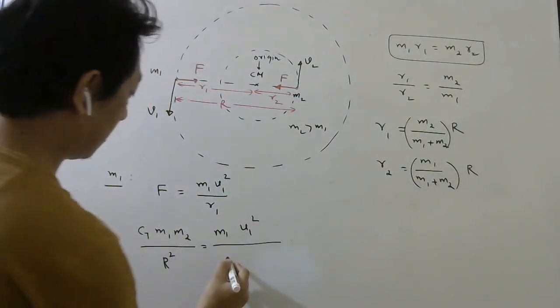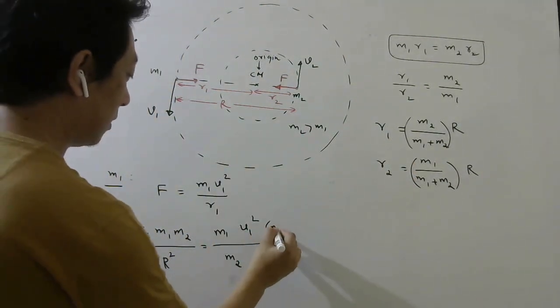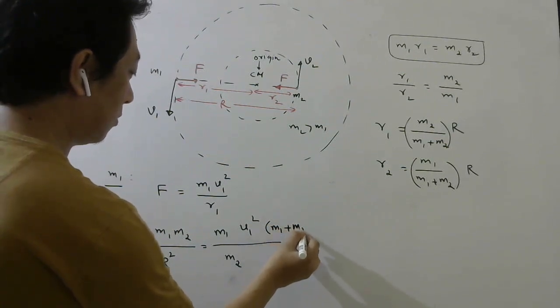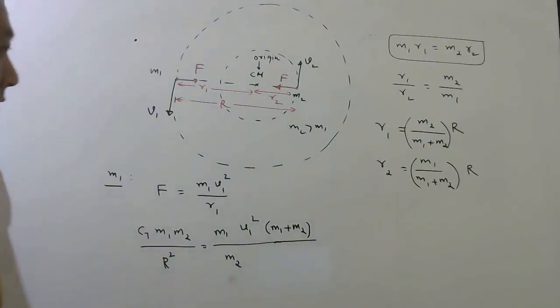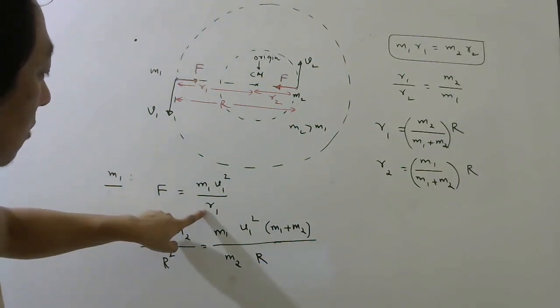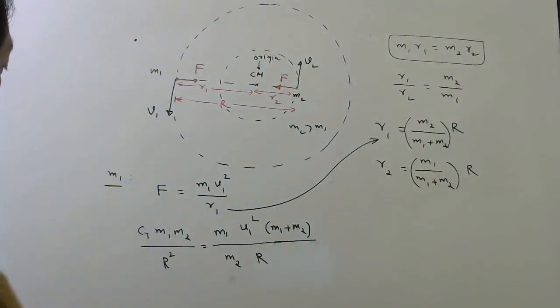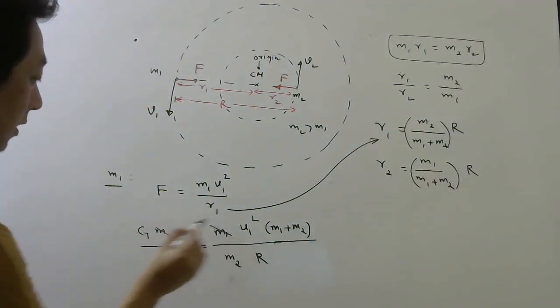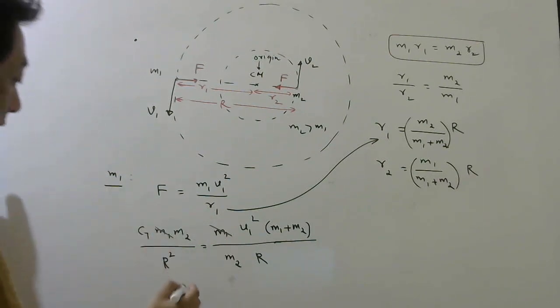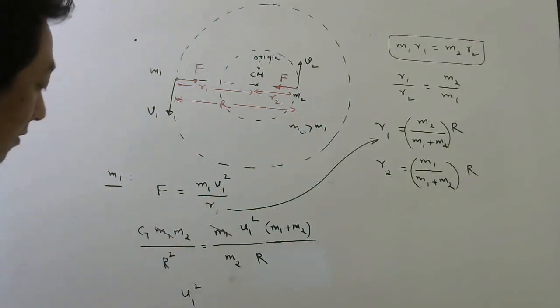R1 we have found here: m2 by (m1 plus m2) times R. So in place of small r1, I have done the substitution here. So m1 will cancel, right? So if I cross multiply, my v1 square, let me write that side.